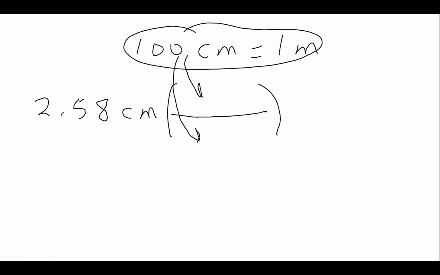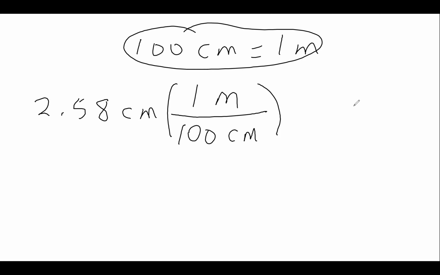The question is, how do you know which one goes where? Well, what you've got here is centimeters, and you want to get rid of the centimeters. You're trying to get the centimeters to cancel out. The only way they can cancel out is if you put centimeters on the bottom. So you've got to put the 100 centimeters on the bottom, and the thing that 100 centimeters is equal to goes up on top.